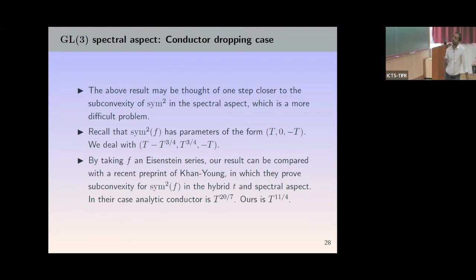You can compare by taking F to be an Eisenstein series; our result can be compared with their result. In our case, our analytic conductor is T to the power 11/4, and theirs is T to the power 20/7, which is larger than ours.